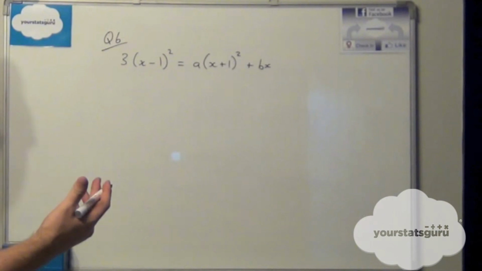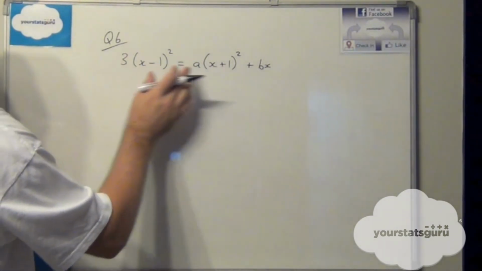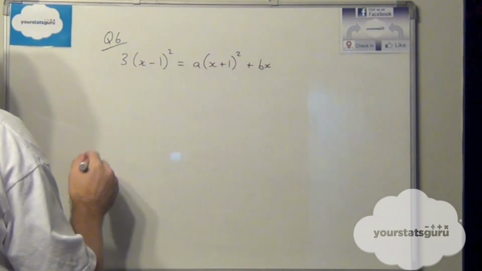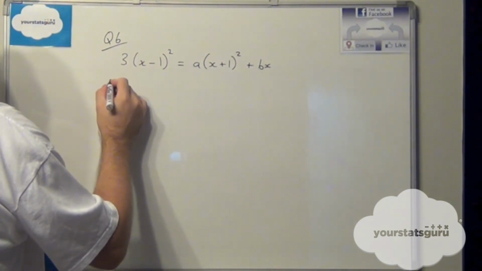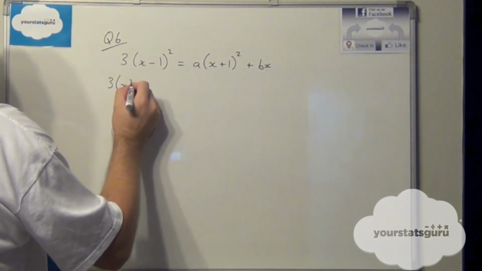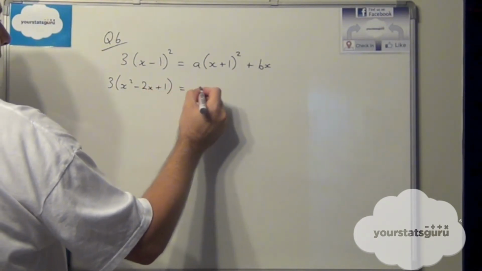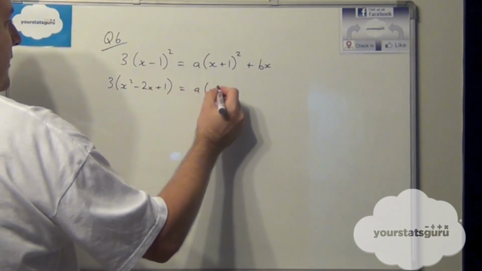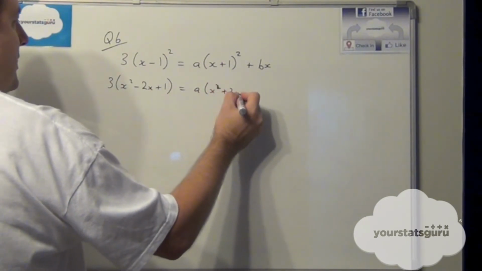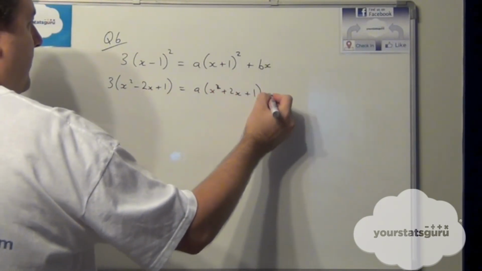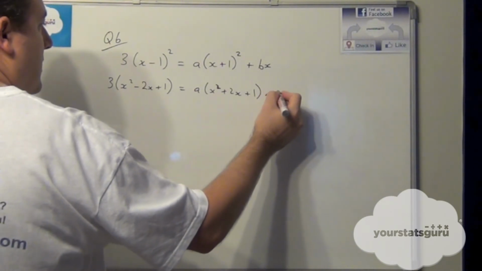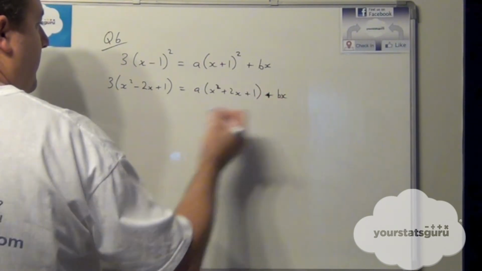But in order to do matching of coefficients, I'm going to need to expand both sides. So this will be 3 outside of x squared minus 2x plus 1 is equal to a outside of x squared plus 2x plus 1, plus bx.